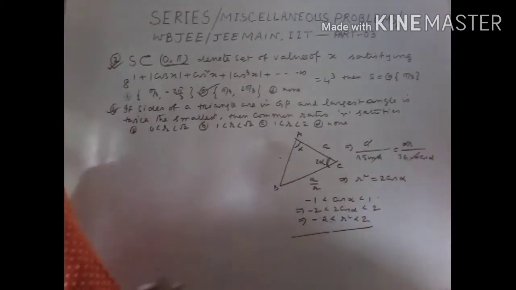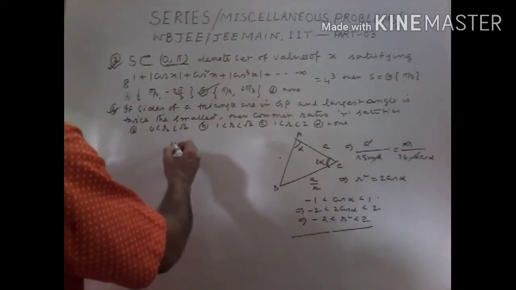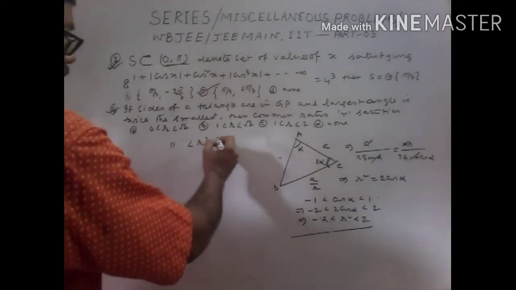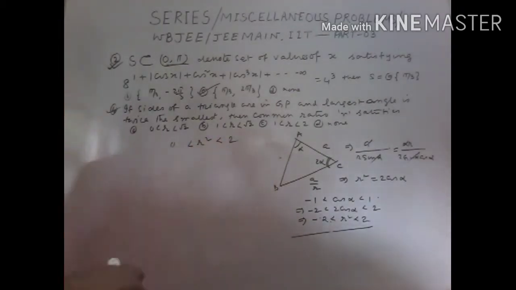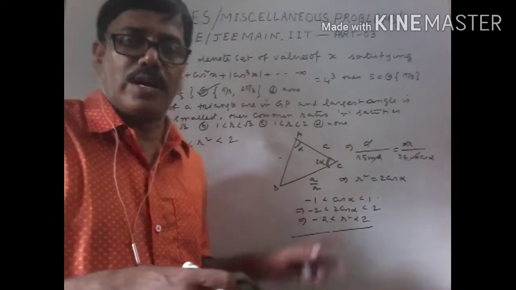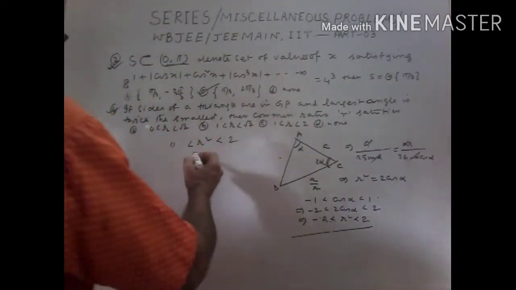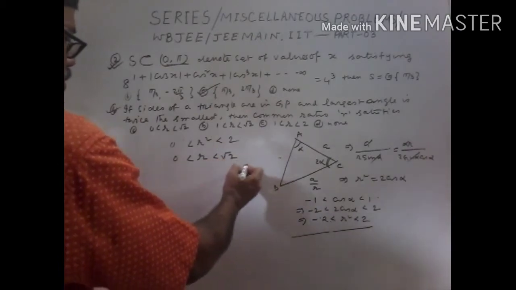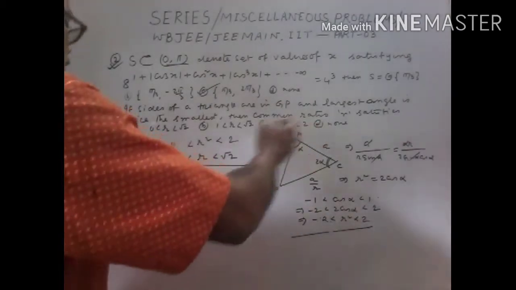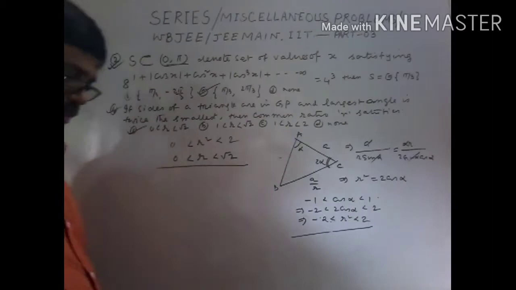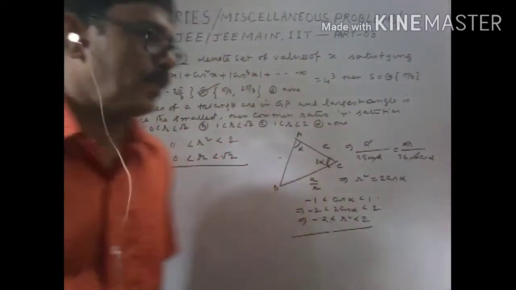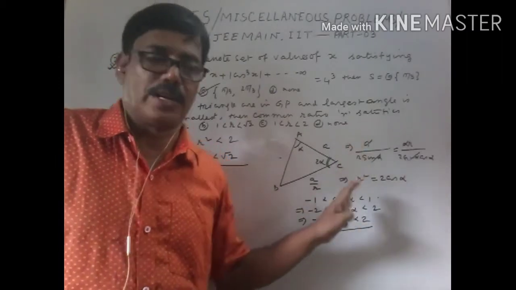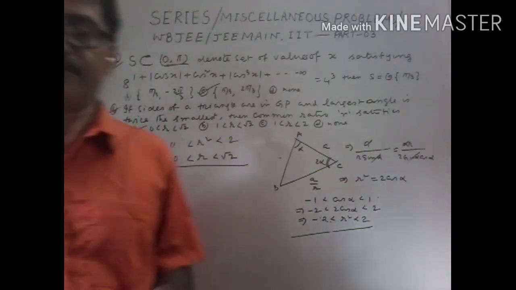But R square is always positive, so 0 is less than R square, less than 2. So we get 0 less than R less than root 2. So the common ratio R satisfies this relation. These are mixed problems of trigonometry and series.